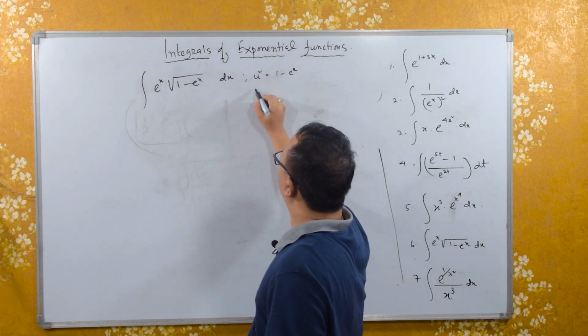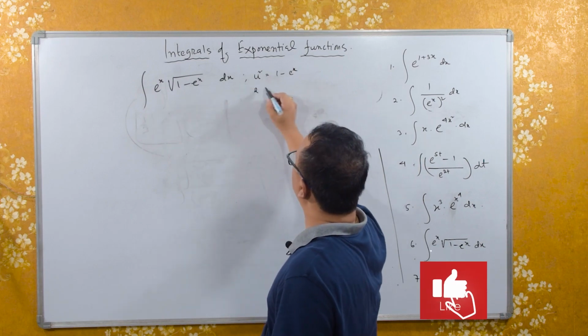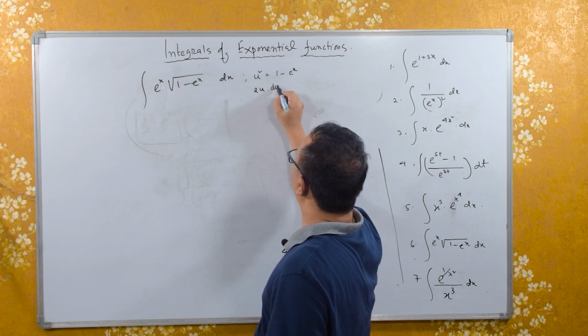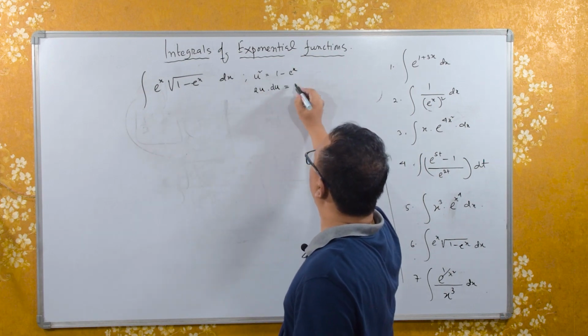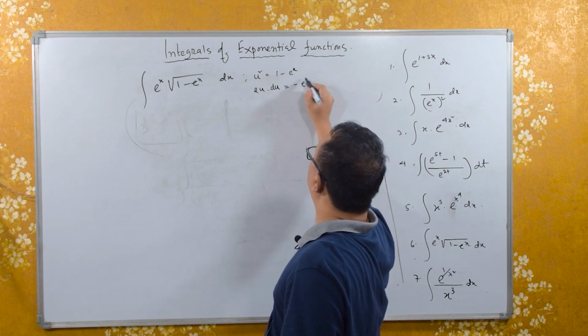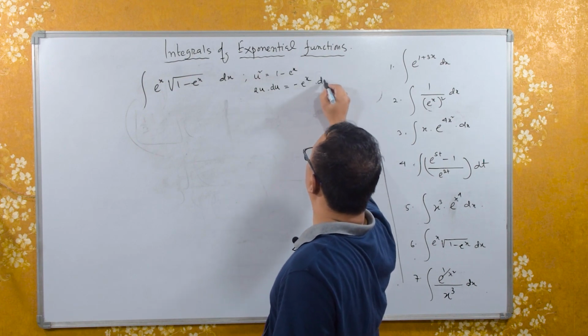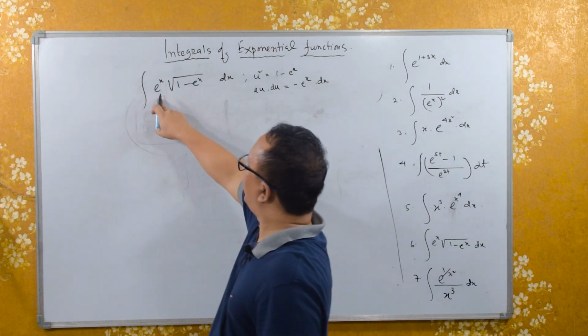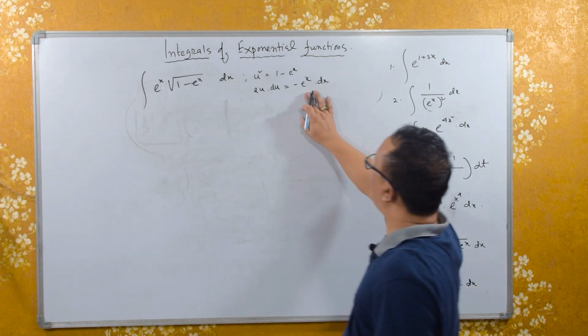Differentiating this with respect to the variable, twice u into du equals the differentiation of the constant, which is 0, minus e raised to x into dx. Here I need e raised to x into dx.